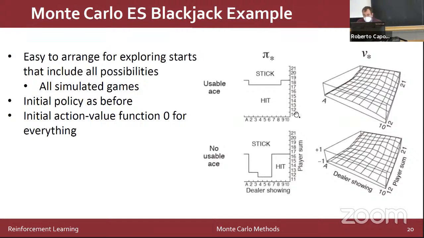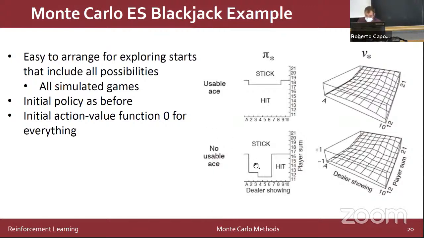So if the dealer has this card and you have these other cards, basically if the player, the agent, has a card which is above 19, it will stick, otherwise it will hit, more or less, except when the dealer has between 2 and 8 and there is a usable ace.